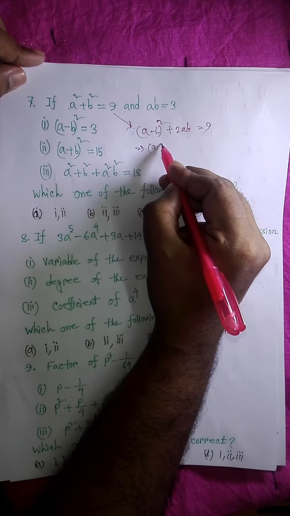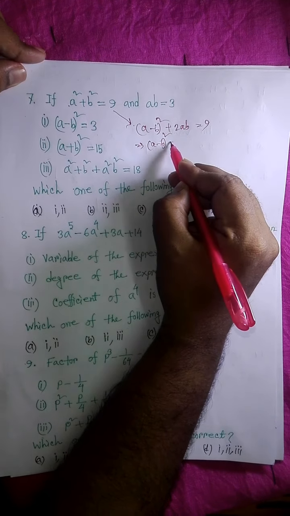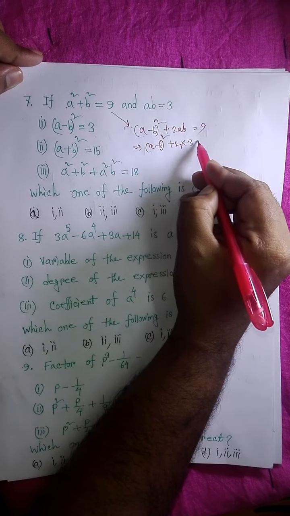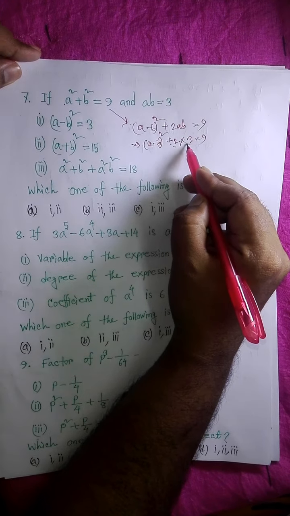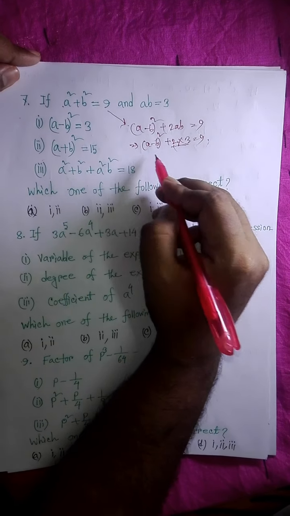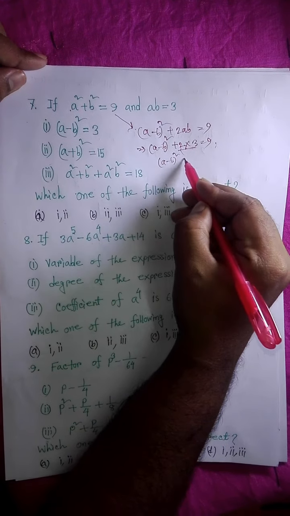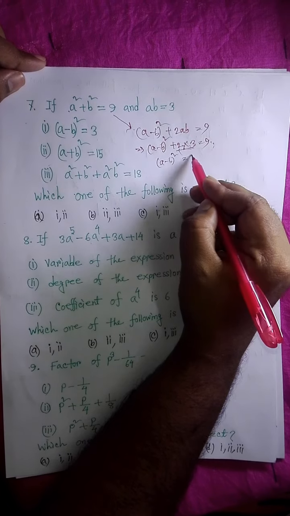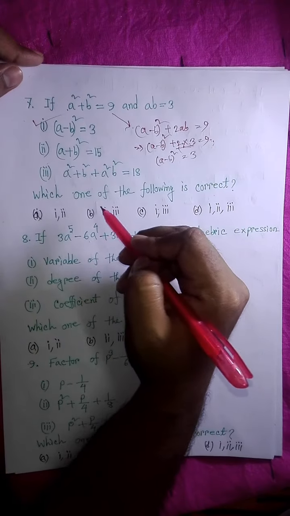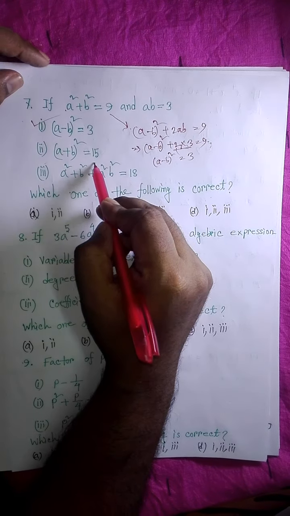So (a minus b) whole square plus 2 times the value of ab, which is 3, equals 9. Multiplying those terms, we get 6, so the value of (a minus b) whole square equals 9 minus 6 equals 3. So the first condition is right. Now the second condition.